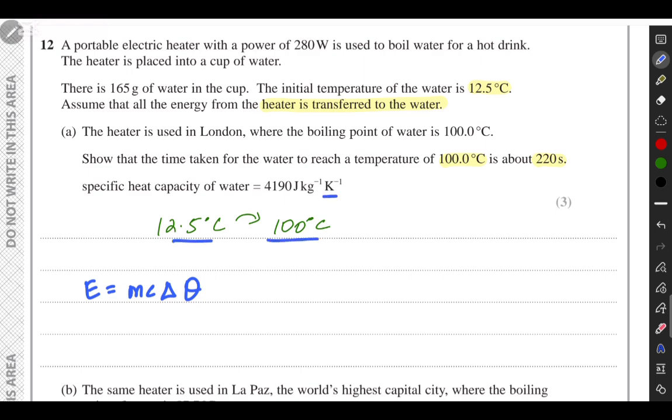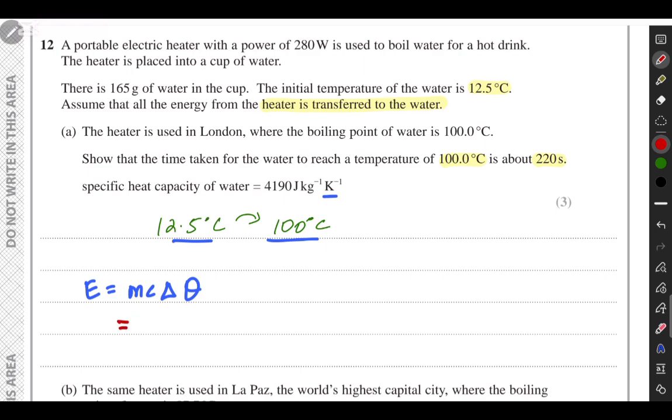So do we have to convert these temperatures into Kelvin when putting the change in temperature? Well, if you convert these from Celsius to Kelvin and then find the change, you will get the same answer. So if you do it with Celsius or Kelvin, you will end up with the same answer. So don't change it. Just find the change in Celsius itself, okay?